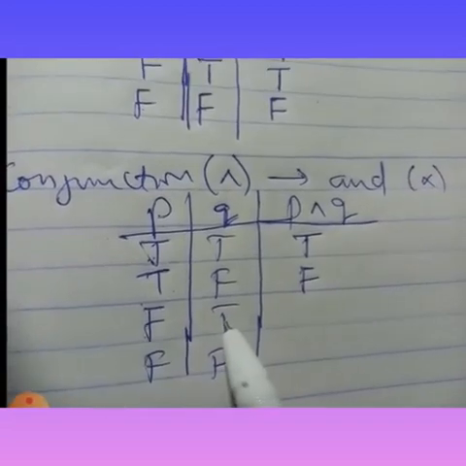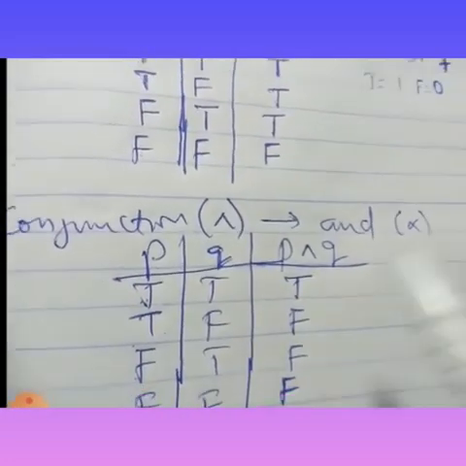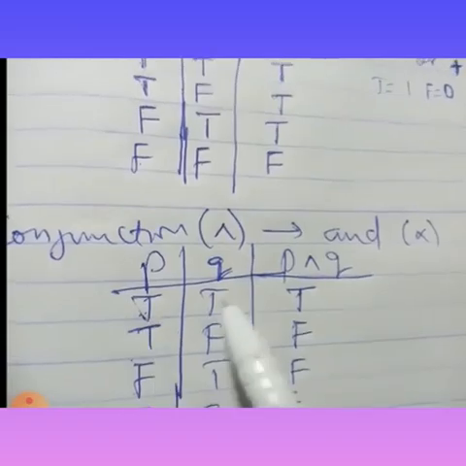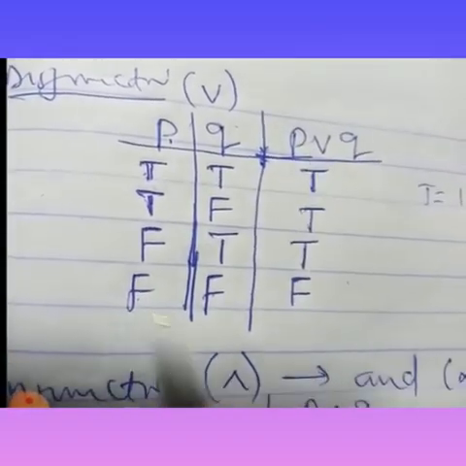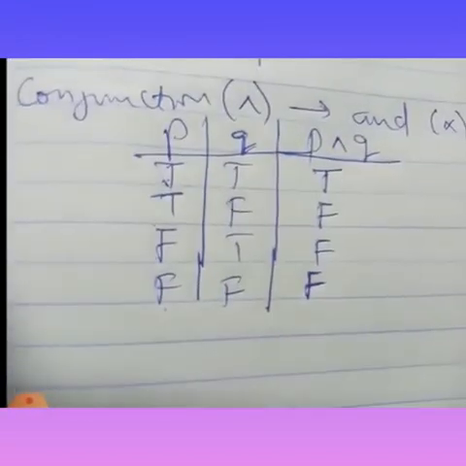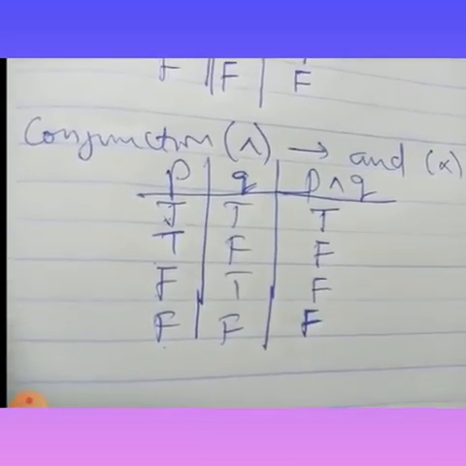False and true will be false. False and false will be false. So the only condition for you to have true is when both are true. While for disjunction, the only condition for you to have false is when both are false. Both must be true for you to have true.